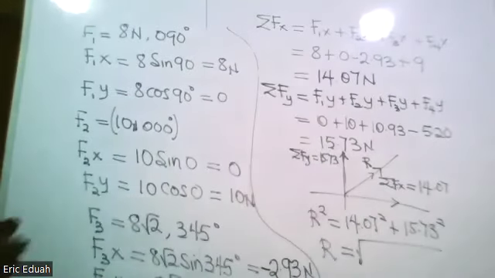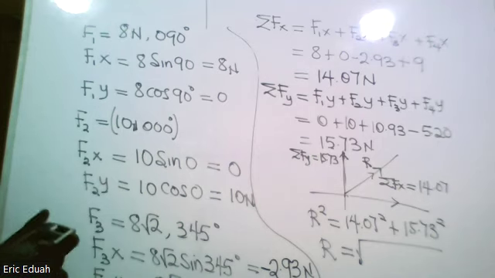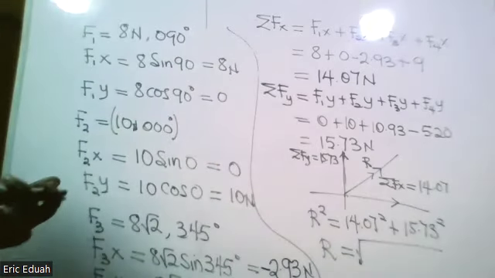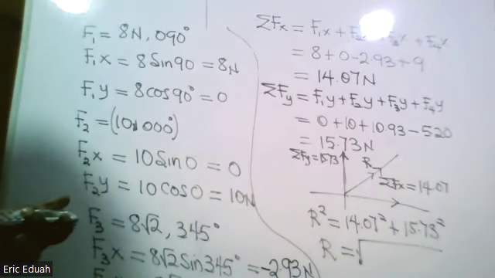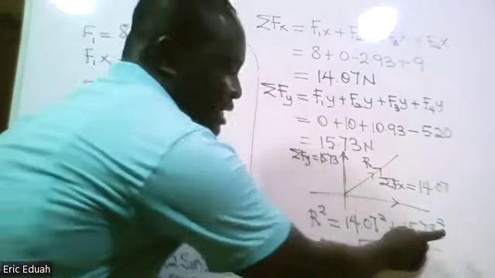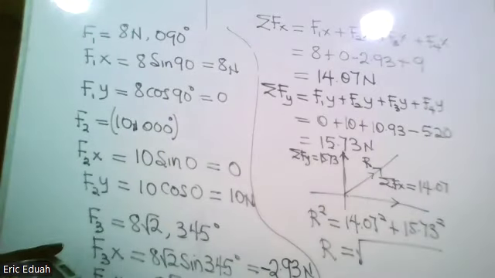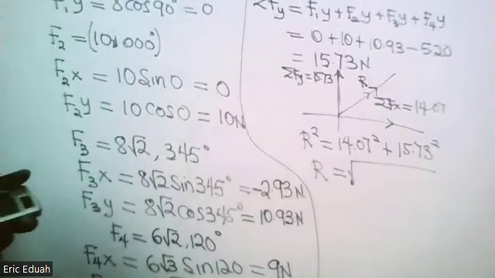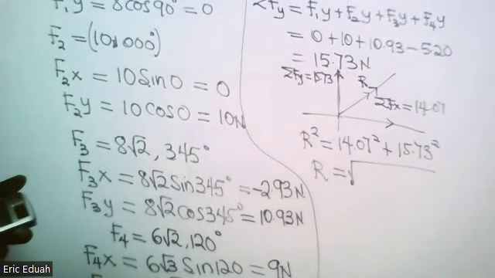All right. So R will be equal to, when you square x and y, what will be the value? Squaring this plus the square of that, what will you get? 445.39.